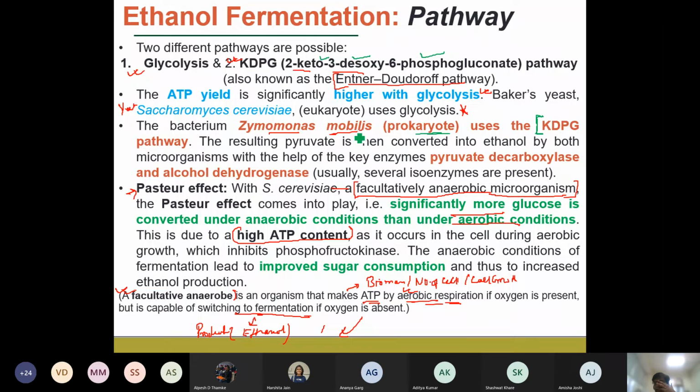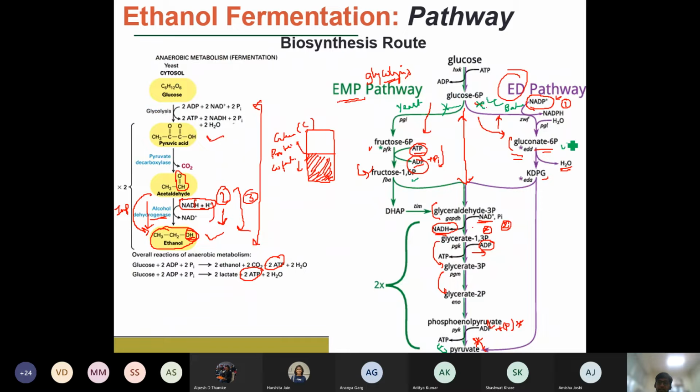In this case, the main difference is the production of the gluconate, and why this gluconate production takes place. If we start with the glucose molecule, here we convert to glucose 6-phosphate, fructose 6-phosphate, and so on.